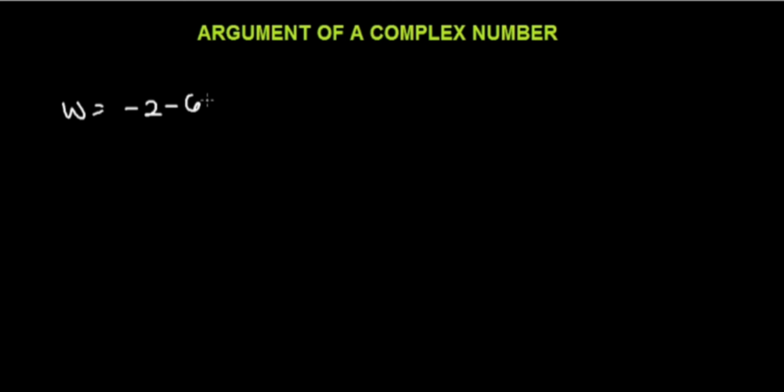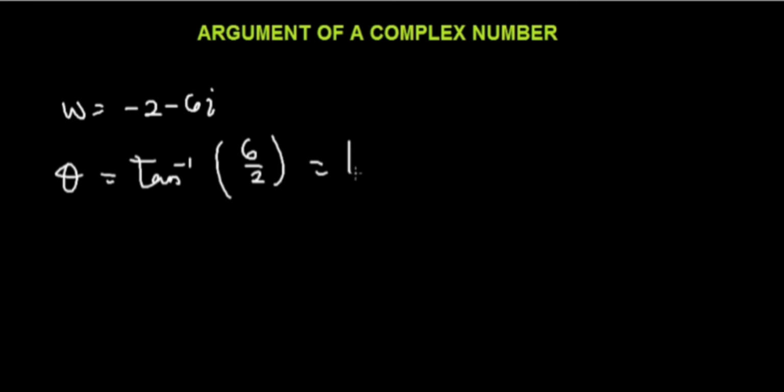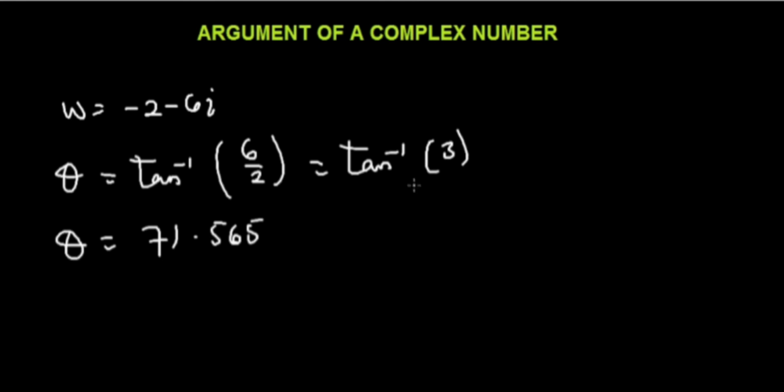First thing you want to do is to find the arctan of 6 over 2, which is the same as the arctan of 3. Using your calculator, you have 71.565.